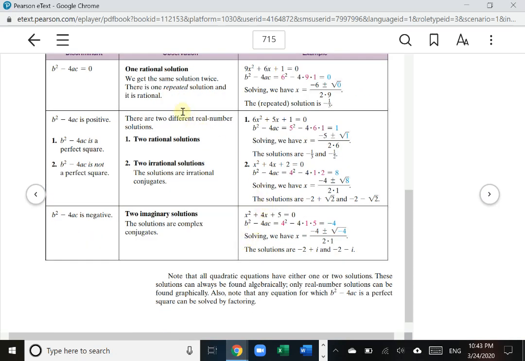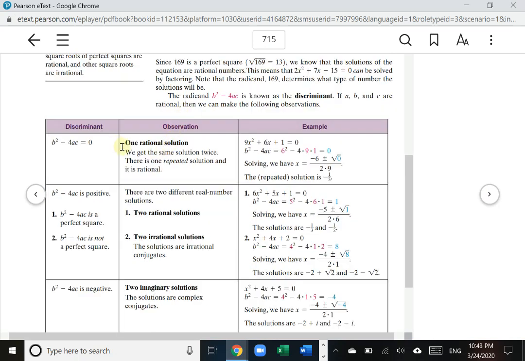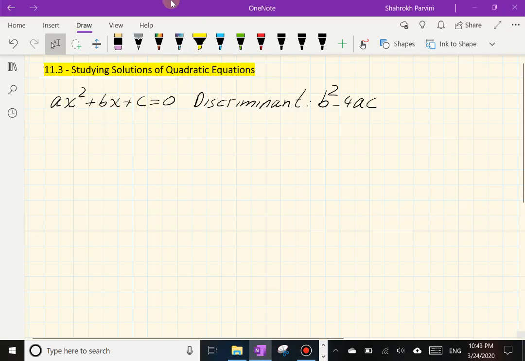In here, you're looking at all that could happen to the discriminant. This is b squared minus 4ac. It could be 0, could be positive, or it could be negative. So I'm just going to reproduce this table in a different format, just to be different, but it's all the same information. So here's how I have organized it for you.